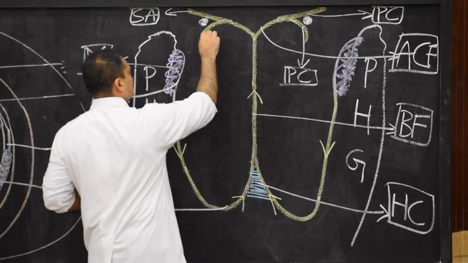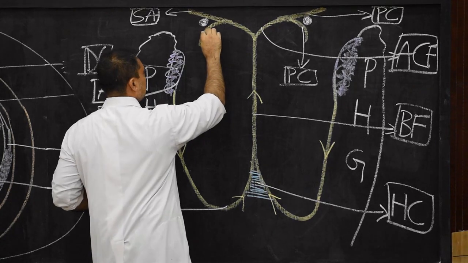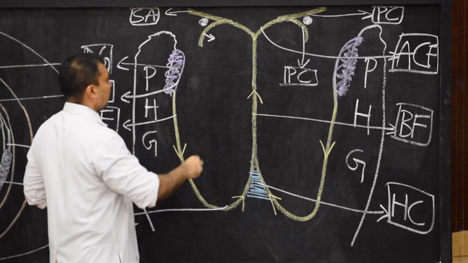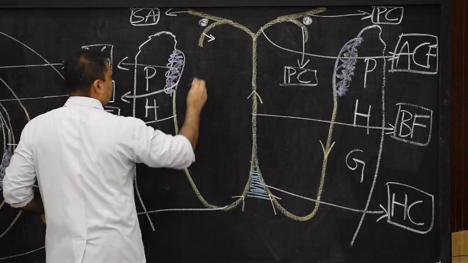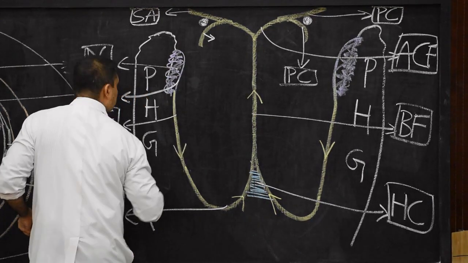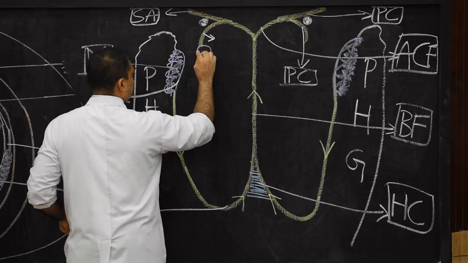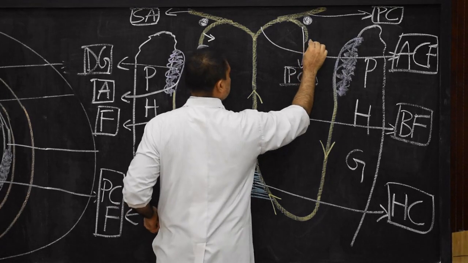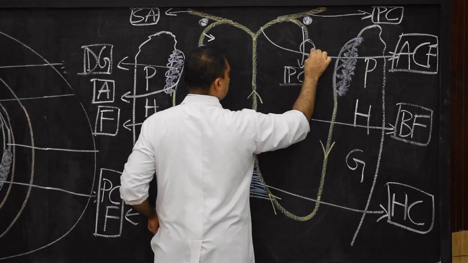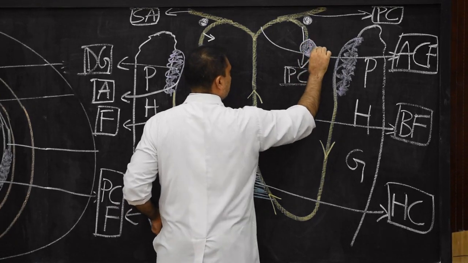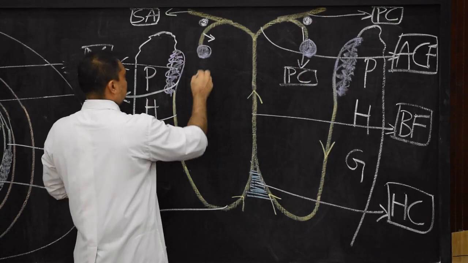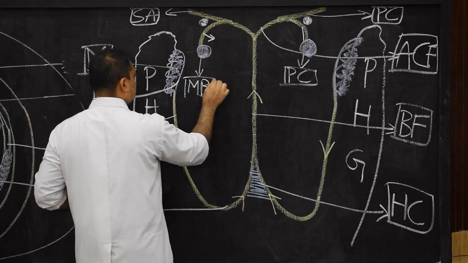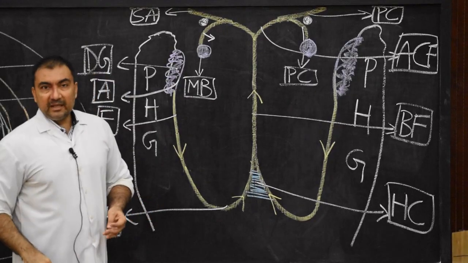These postcommissural fibers will terminate, this is also very interesting, first in, let me draw here in violet color, the mammillary body. So this will be the mammillary body where they will terminate. Let us mark this structure as the mammillary body, which belongs to the hypothalamus.